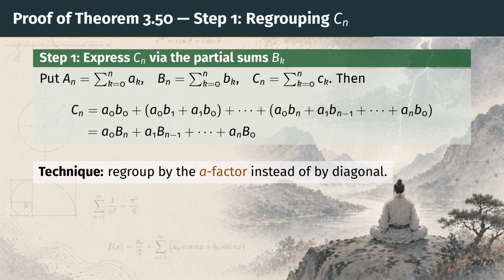The terms containing a sub 1 pair with b sub 0 through b sub n minus 1, giving a sub 1 times capital B sub n minus 1. Continuing, we get the second line, a convolution of the a terms with the partial sums of the B series. This expresses the complicated object through things we understand. Next, we feed in what we know about those partial sums.